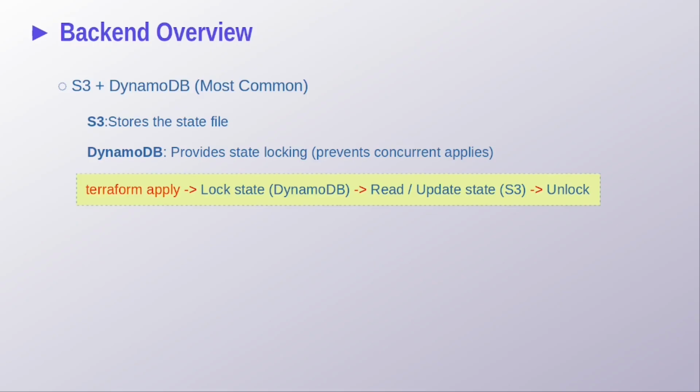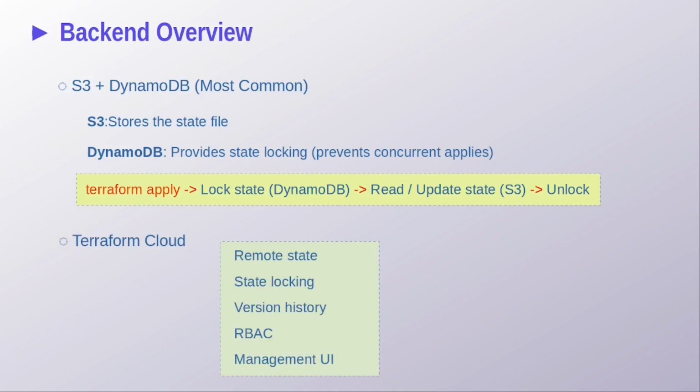Locks the state in DynamoDB. Then reads state from S3. Then updates the infrastructure. Then updates state in S3 and unlocks the state. This prevents two people from applying at the same time. This setup is the enterprise standard.